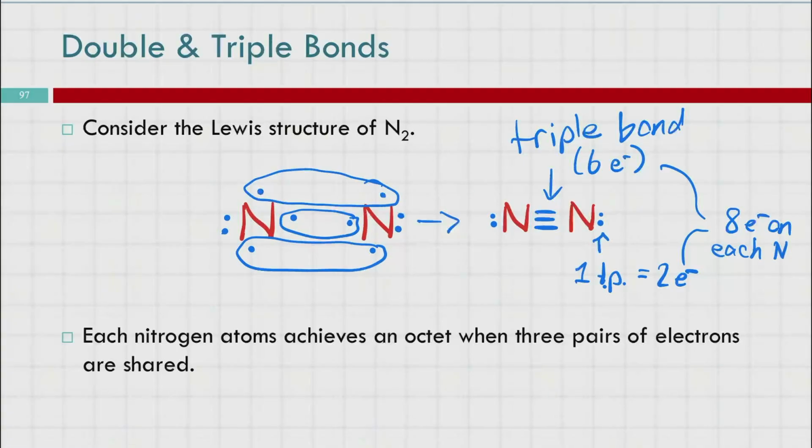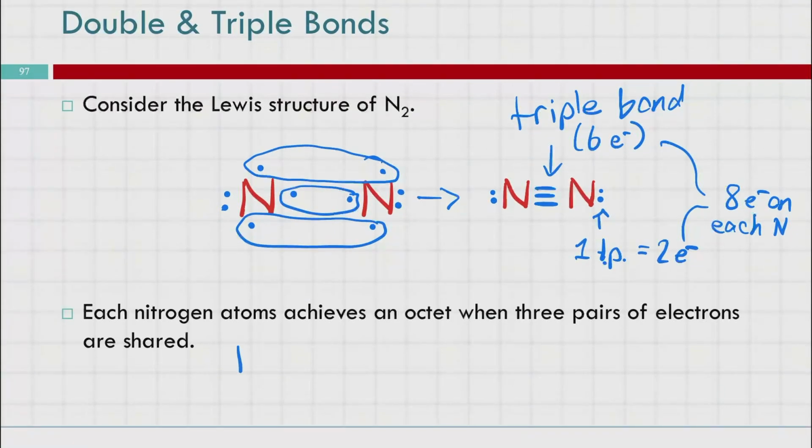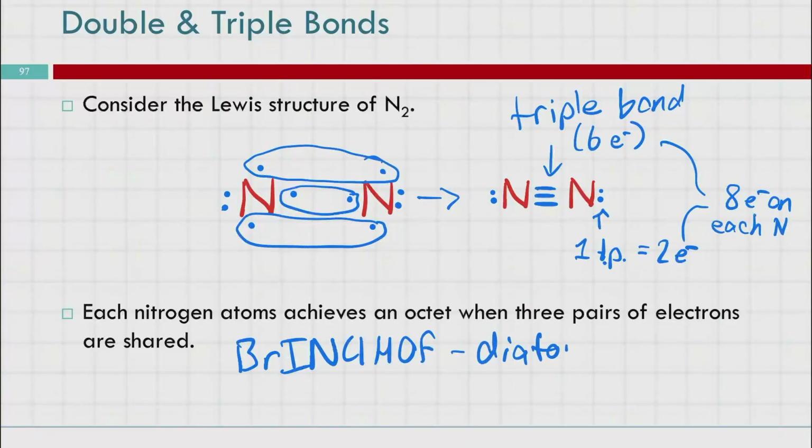All of those form diatomic molecules, and that's because of what we're seeing here with Lewis theory, so that they get full octets. So these are all diatomic to get full octets. That's why they exist that way.